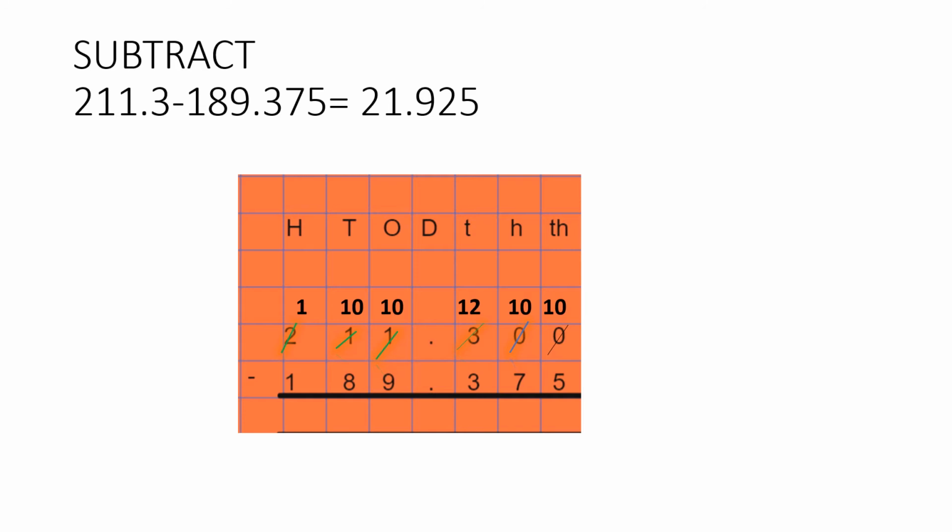Now 10 minus 5 equals 5. 9 minus 7 equals 2. 12 minus 3 equals 9. 10 minus 9 equals 1. 8 minus 8 equals 0... 8 minus 8 equals 2. 1 minus 1 equals 0. So we will get 21.925.